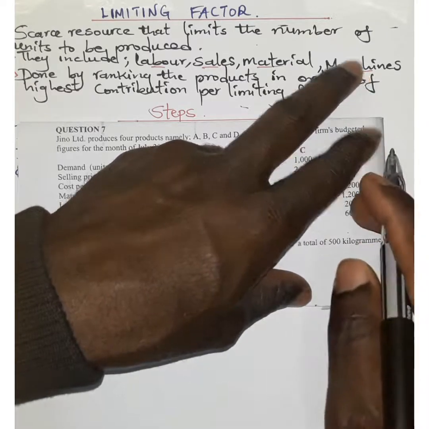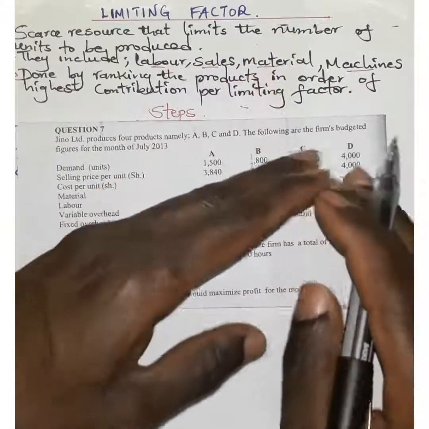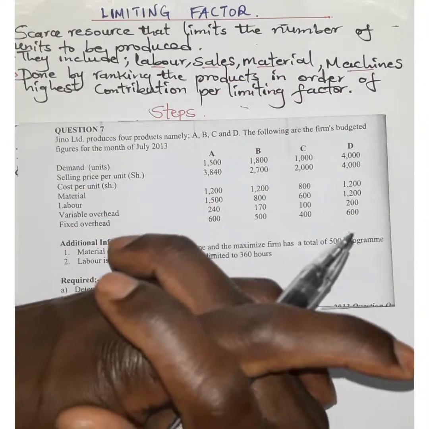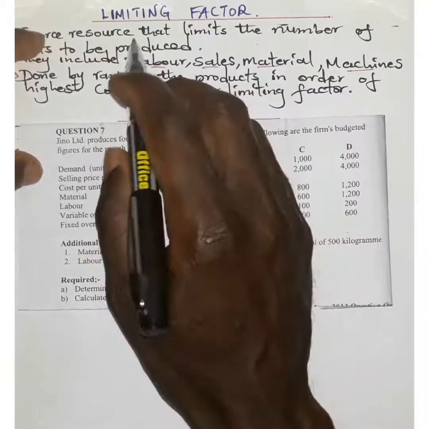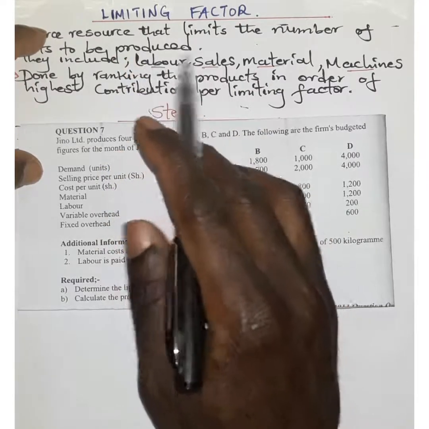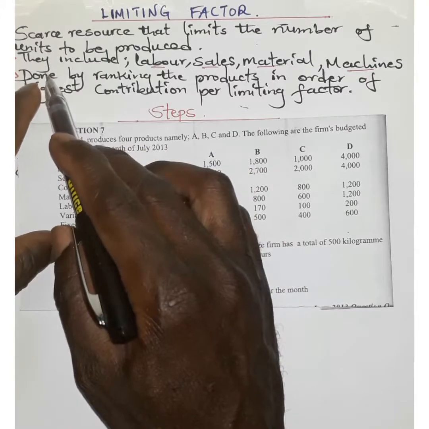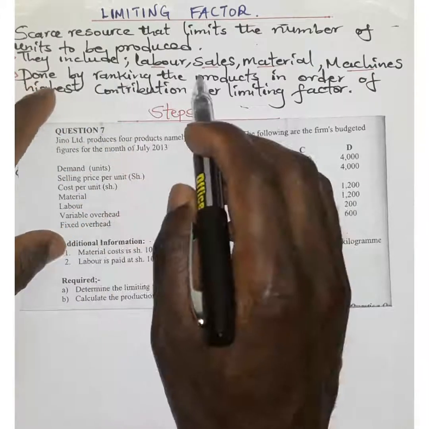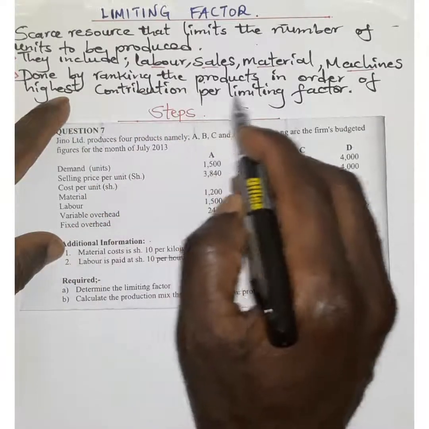So if they are less in supply, our production capacity may be reduced. So what should we expect as we go through this example? We determine the limiting factor by ranking the products in order of the highest contribution per limiting factor.